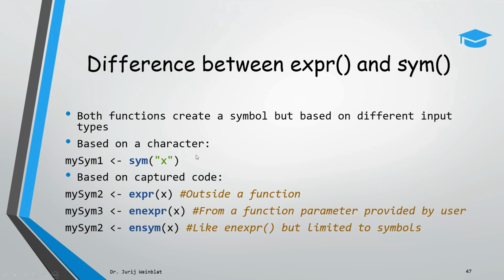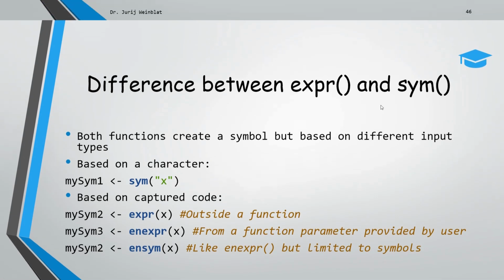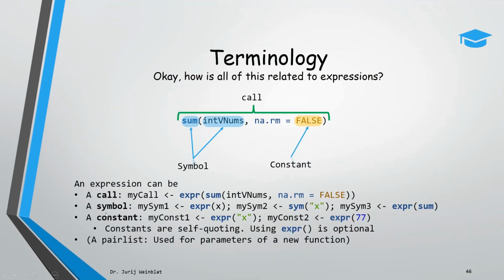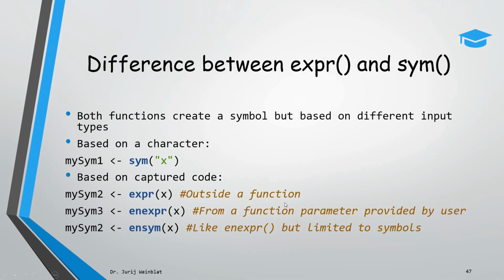Okay, let's maybe have a look at the difference between expression and sym, because I showed you here that in order to define new symbols, you can make use of both the expression command and the sym command. So let's have a look at different usages of these two methods.